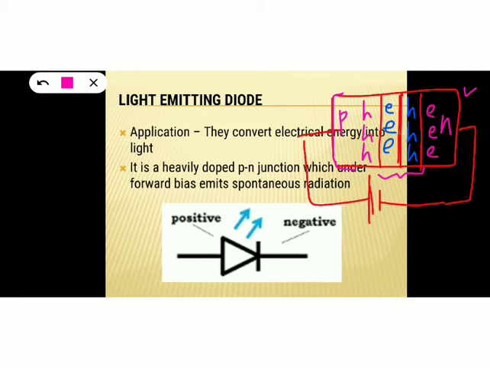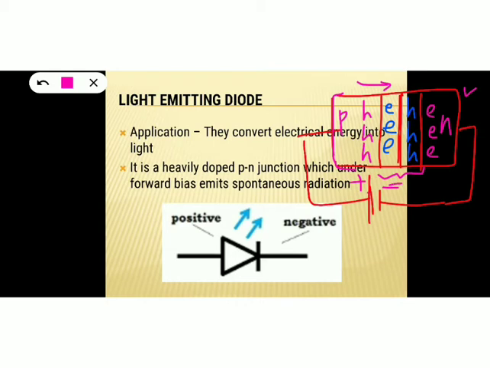Now, this diode is in the forward biased mode. See, the positive of the battery is connected to the p-type and the negative of the battery is connected to the n side. So this p-n junction diode is in a forward biased mode, and under forward biasing what happens? The positive of the battery repels the positively charged holes towards the depletion region.